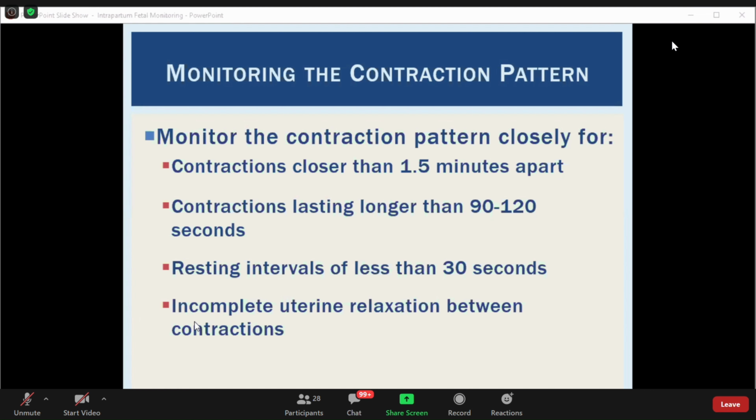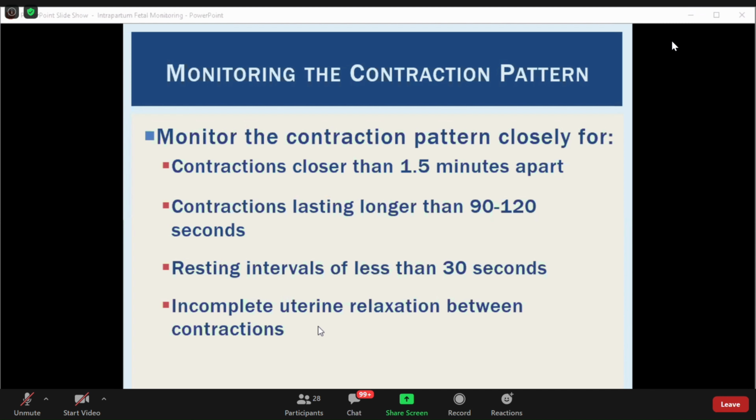We want to make sure that the contractions are not too long, that they're not coming too frequently, and that there is adequate resting interval so that the uteroplacental unit can reperfuse. And this last bullet is very important as well. You want to make sure that the uterine muscle relaxes, because if it doesn't completely relax, the uteroplacental unit will not reperfuse.